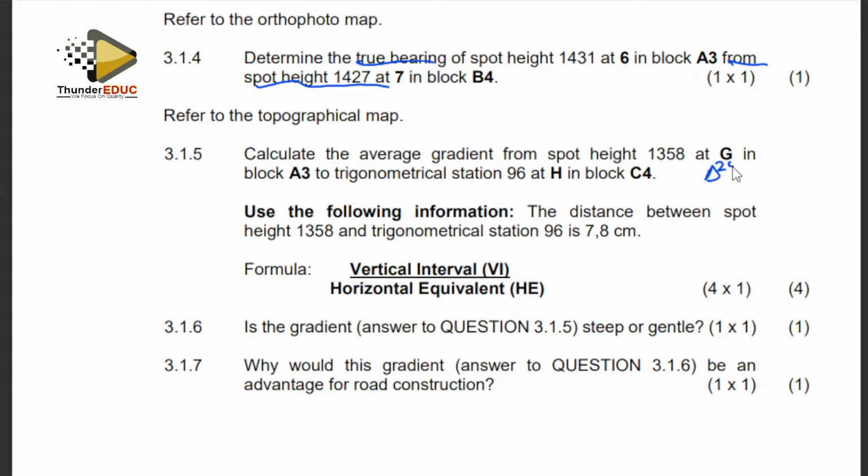There is a number on top and there is a number below. We use the number with a decimal place, because the number with the decimal place is the height. But the good thing is that here they gave you the distance between the two. They gave you already the distance. So what are you going to do to calculate the difference? We say VI will be the difference between the two heights.